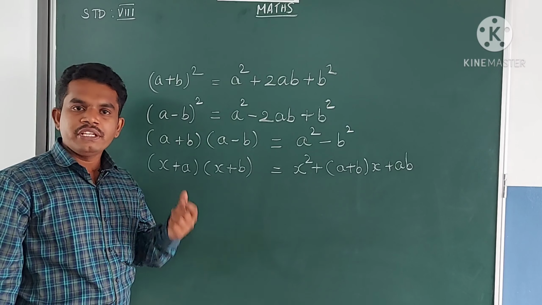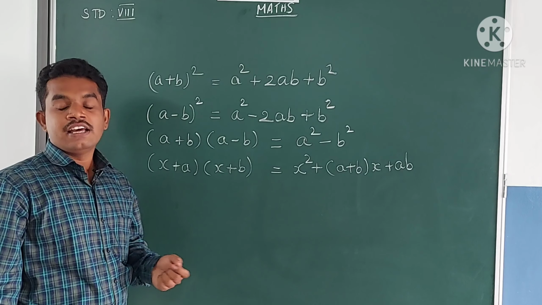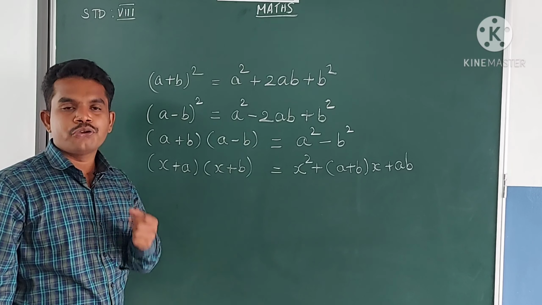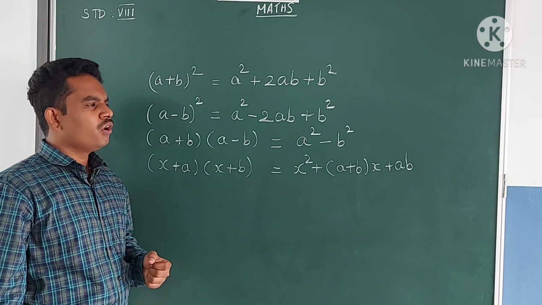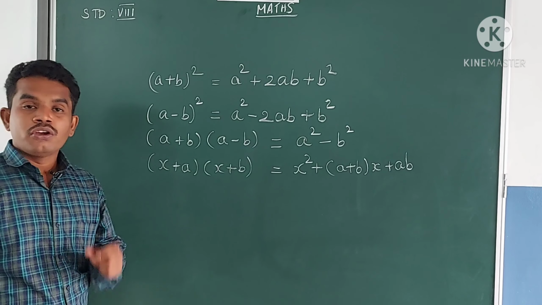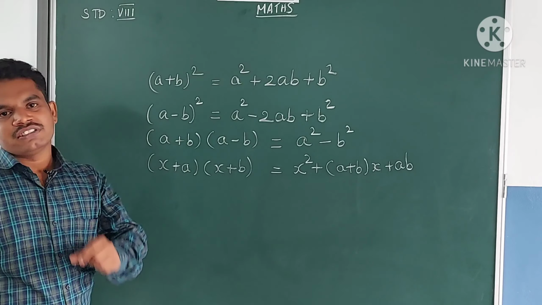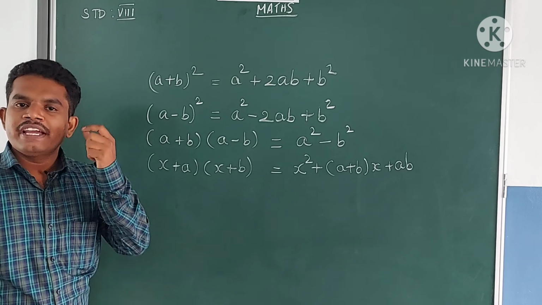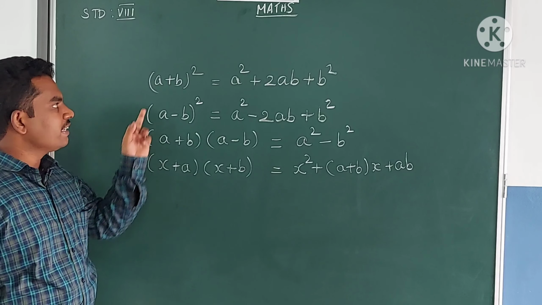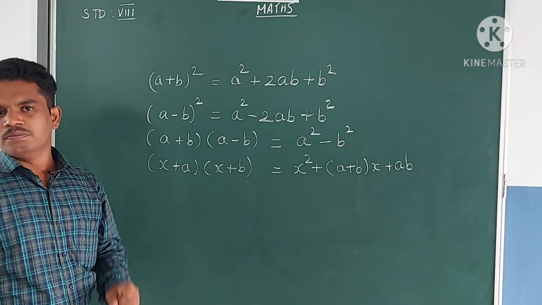Now, we are going to learn the next identities, that is cubic identities. What is cubic identities? Cube means what? Cube is 3-dimensional. So, cubic identity means it is also an identity. It consists of a cube.